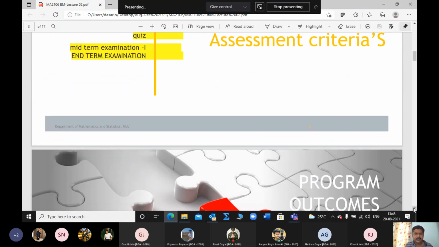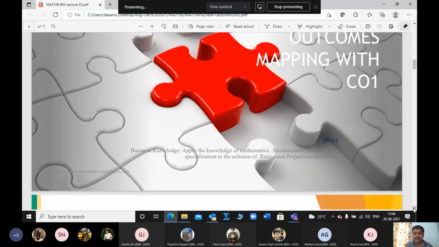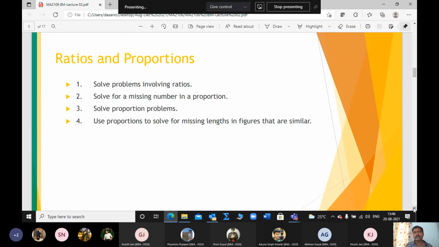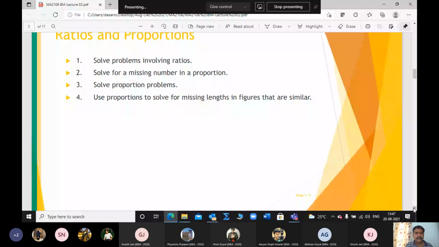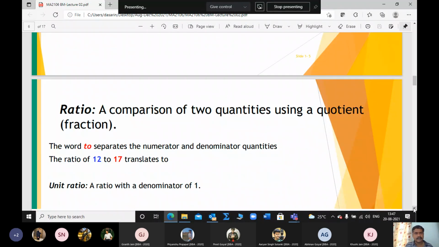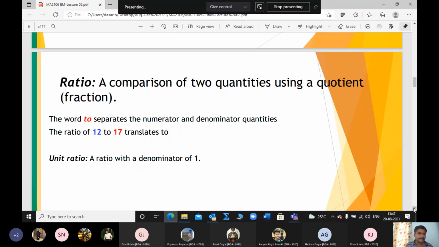Now, in today's lecture, we'll concentrate on the topic ratio and proportions. It's a very interesting and easy topic. If you have any doubt, please stop me at any moment so that I can explain the doubts that you raise.